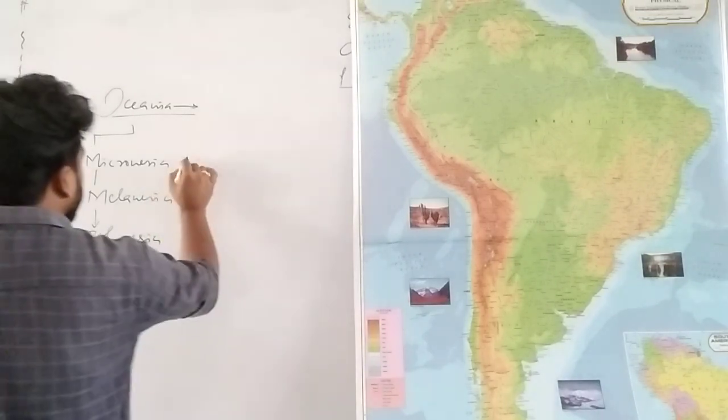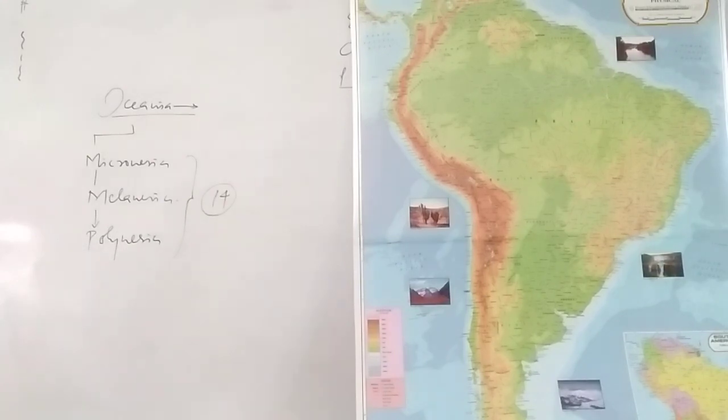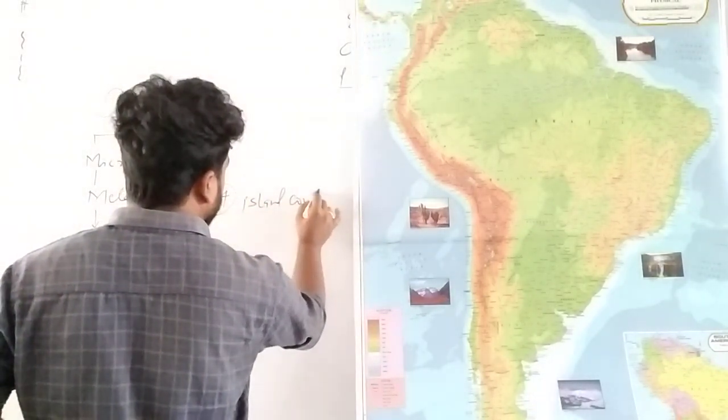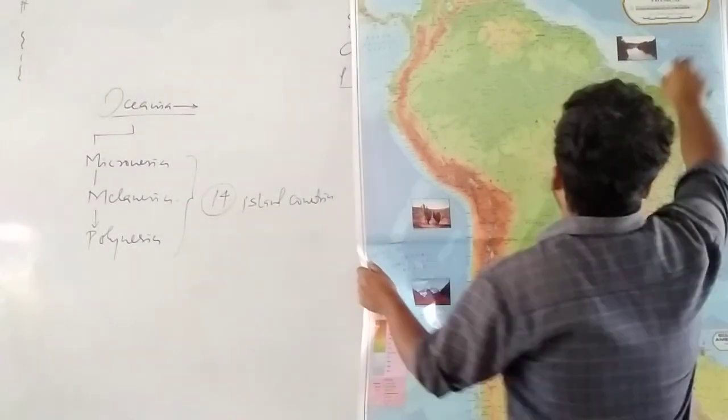These generally consist of 14 countries. Not 14 direct countries, 14 island countries. Okay, let's remove this map.